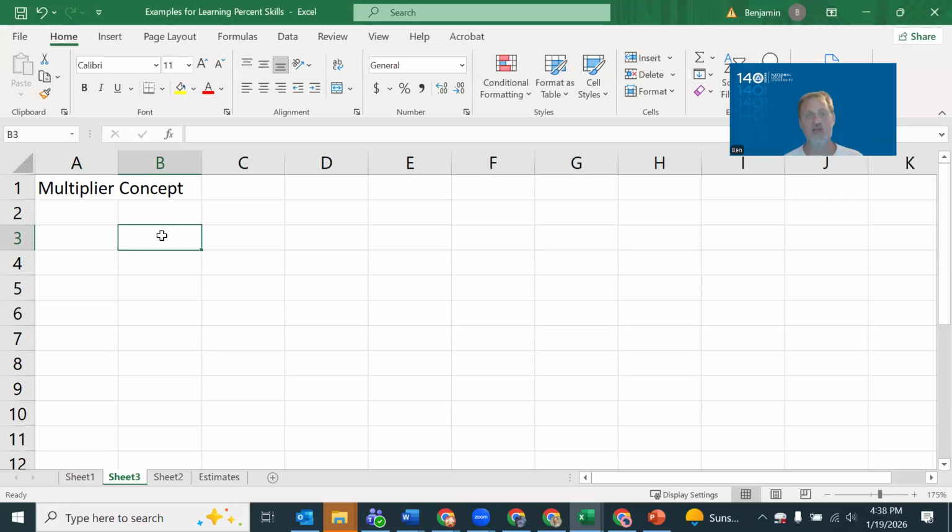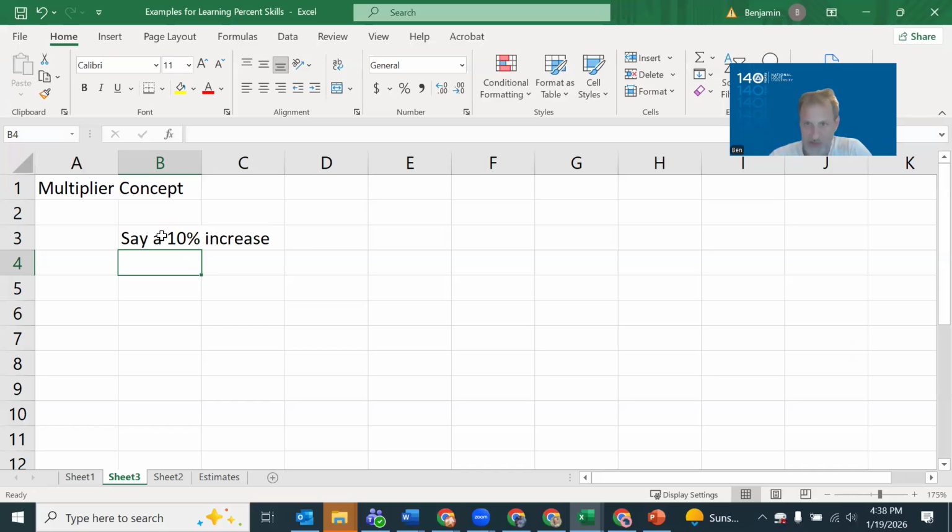We can do that problem by finding the percentage, multiplying the whole by the percentage, and then adding or subtracting from where I started. But the multiplier concept can be really helpful, especially when you're trying to chain a bunch of these things together. So if I have, say, a 10% increase, maybe your tax is 10%. That's actually pretty close to what the sales tax is in Chicago.